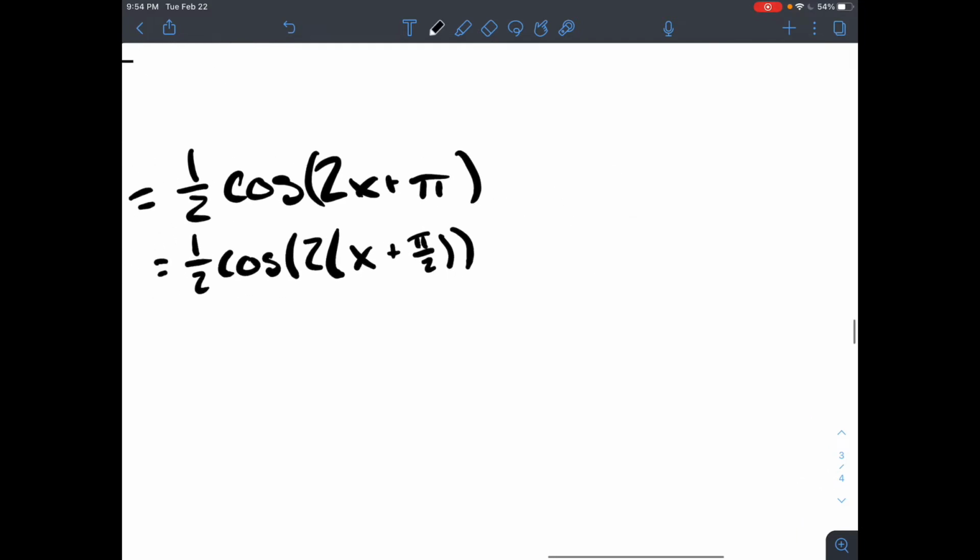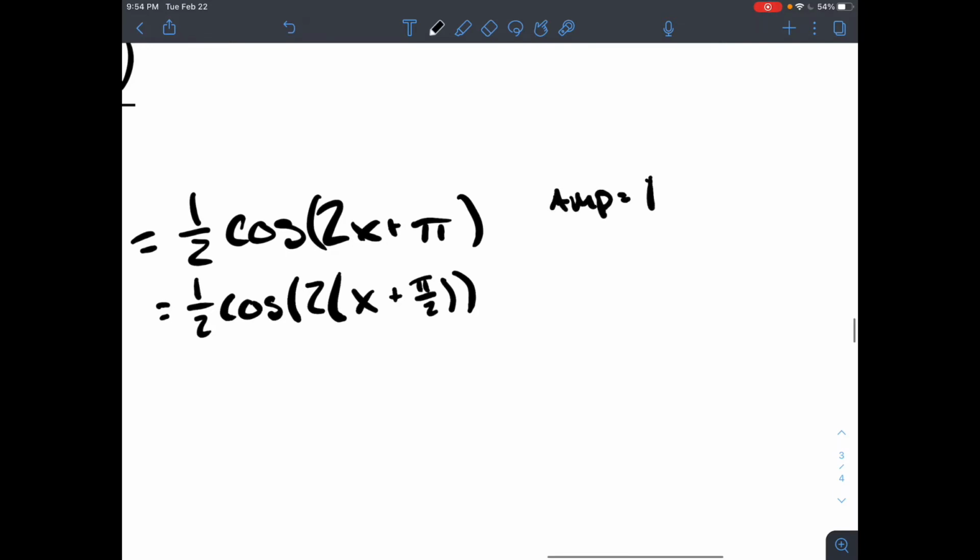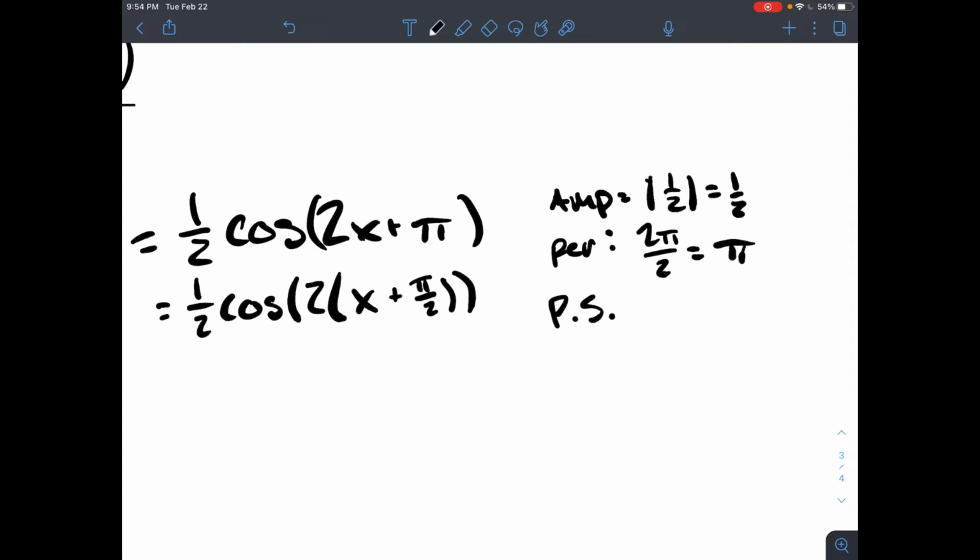So let's write down what we got. Our amplitude is equal to the absolute value of 1/2, which is 1/2. Our period is going to be the same thing we had last time. 2 pi over 2 is pi. And our phase shift is going to be pi over 2 to the right.